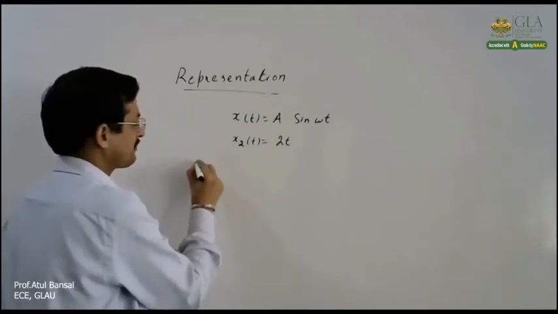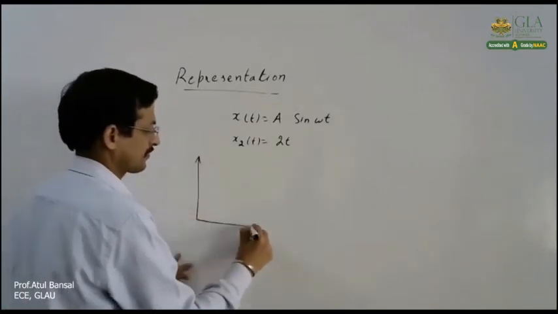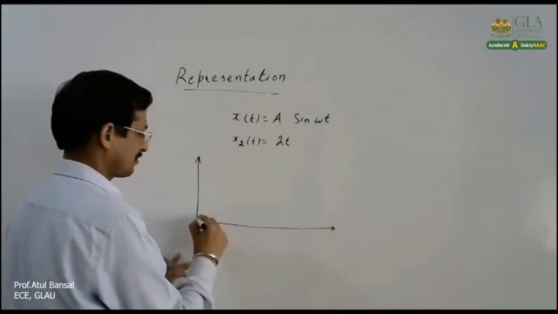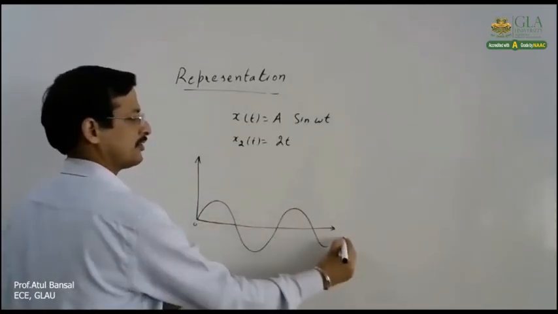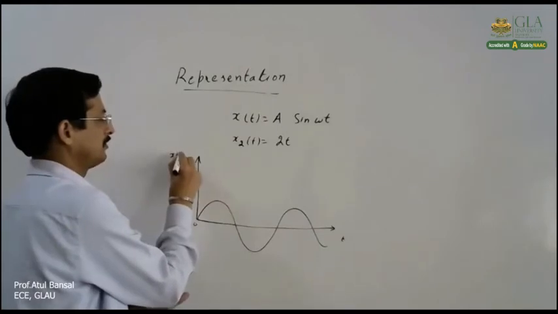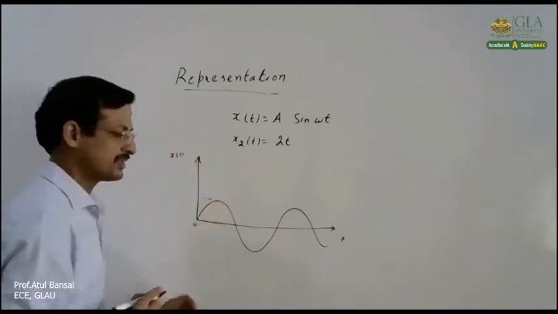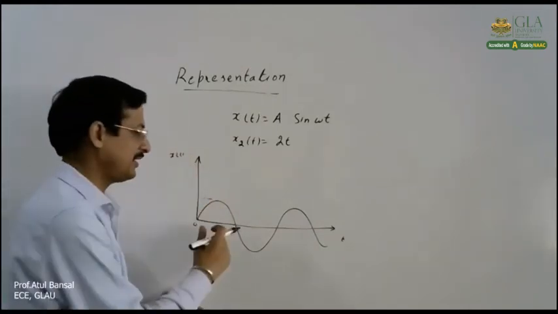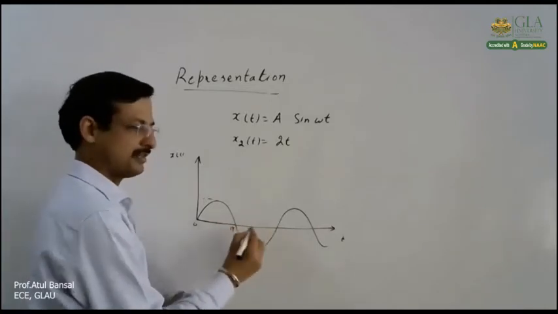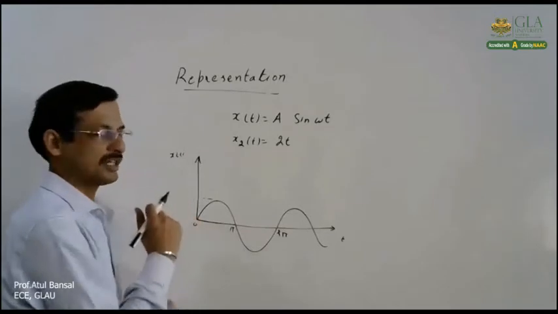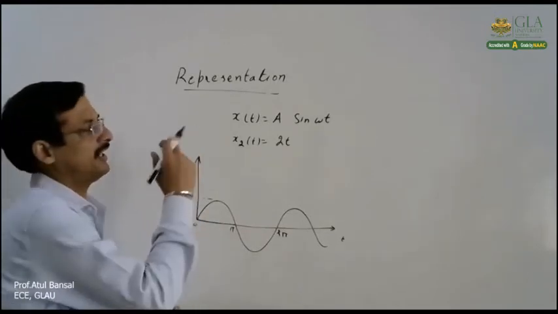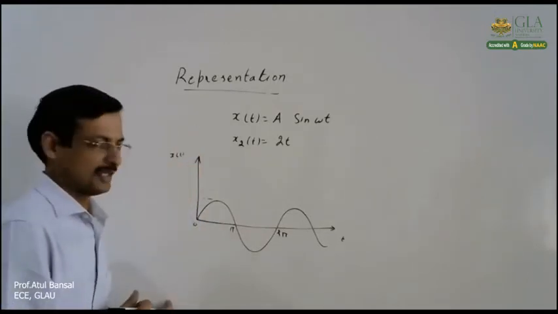Or graphically, we can sketch the sinusoidal signal, representing their maximum, minimum, and different values at different instants of time. That is also a graphical representation of any continuous time signal.